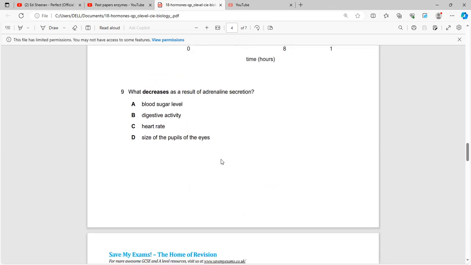Yes, answer. What decreases as a result of adrenaline? Adrenaline converts glycogen to glucose. So what decreases it? Yeah, digestive activity. I hope you studied that when a person is in a state of shock, the sympathetic response is stimulated in a case of fight or flight response.